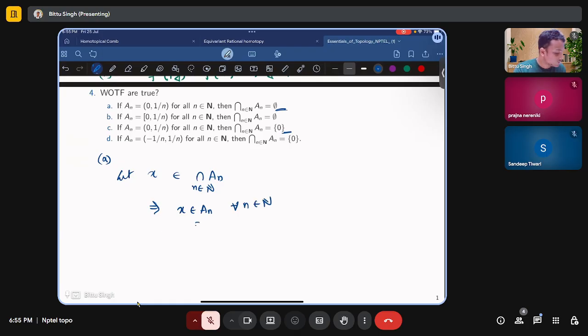And A_n looks like (0, 1/n). That means 0 less than x less than 1/n for all n. So is it possible? This is not possible, right? By the Archimedean property, this is not possible.